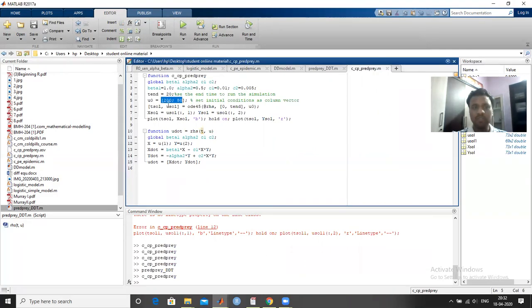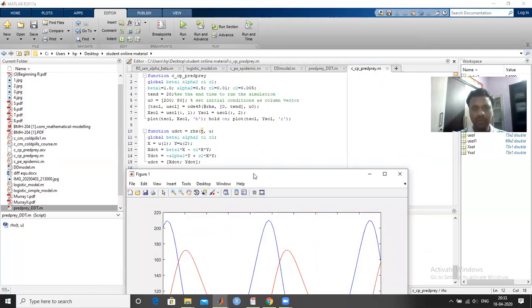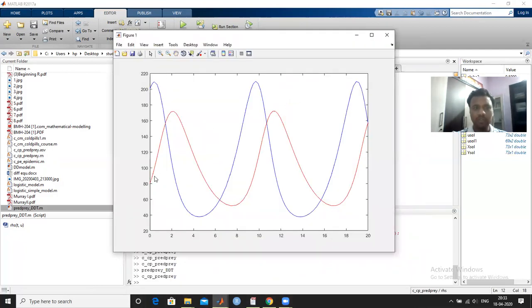The prey population is 200 and the predator population is 80, and the solution is plotted from 0 to t_end, where t_end is 20, meaning we plot it for a time period of 20. So these are the parameters, and the prey population is this one and the predator is this one.